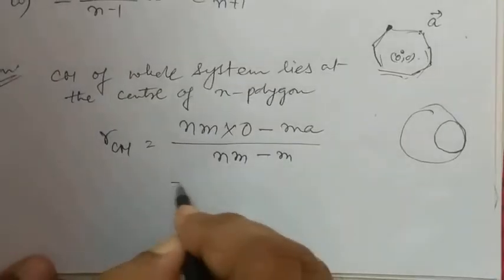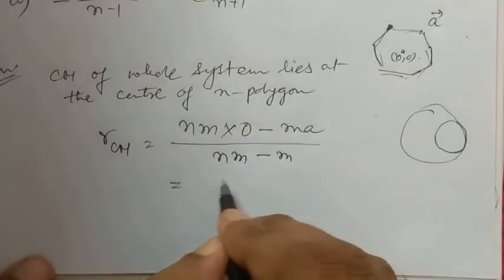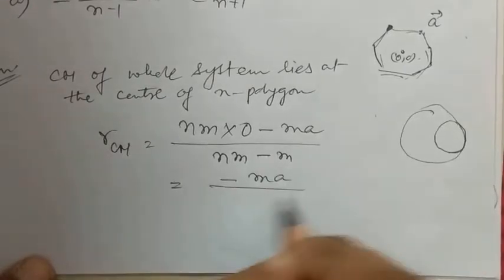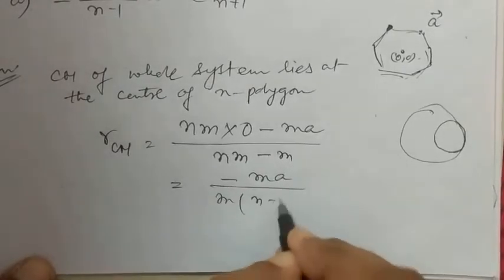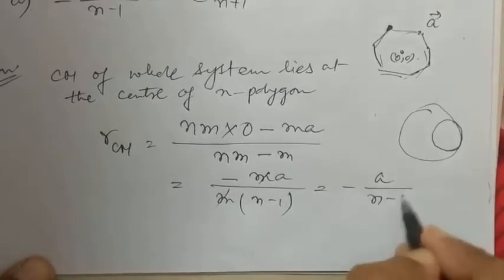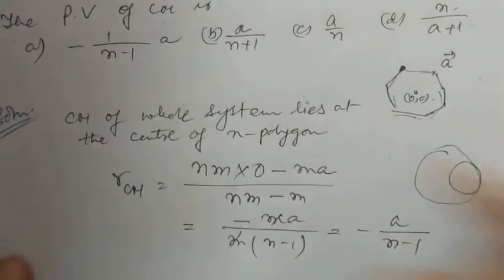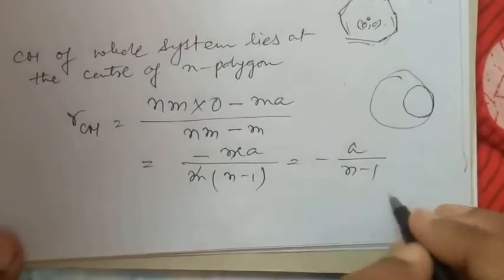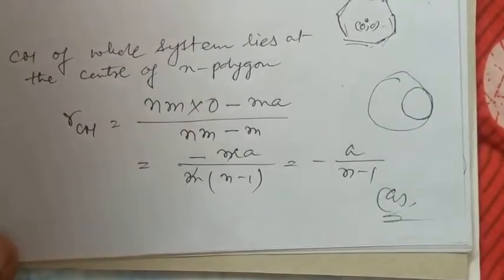From this we get minus ma by m(n-1). Taking m common, it cancels, giving minus a by n-1. So the first option is correct. Option A is correct.